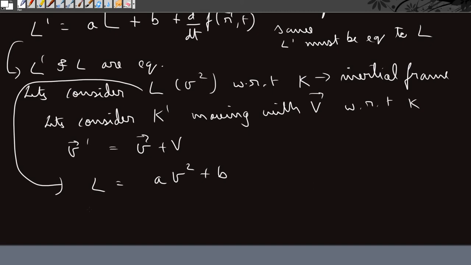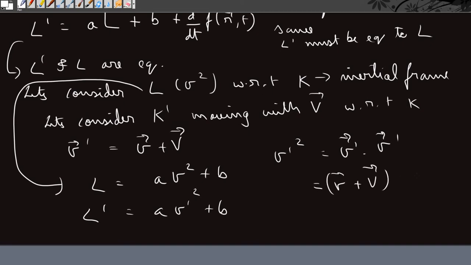But if we consider this, then L dash would be simply A times V dash square plus B. And what will this V dash square be? It is nothing but V dash dot V dash, which is V plus v dot V plus v. This will give us V square plus 2 times V dot v plus v square.